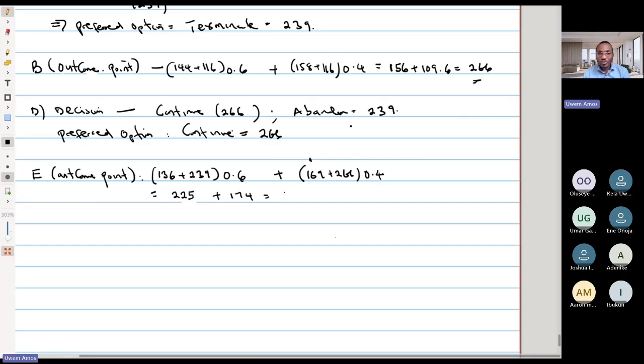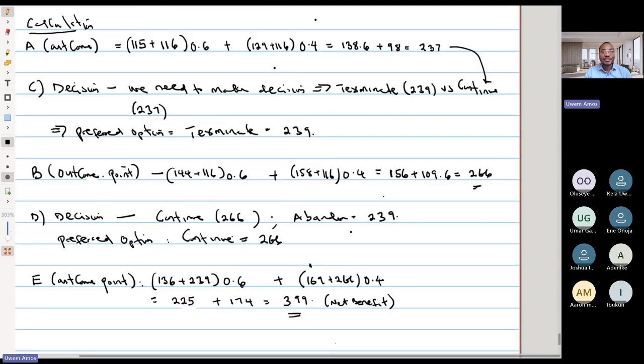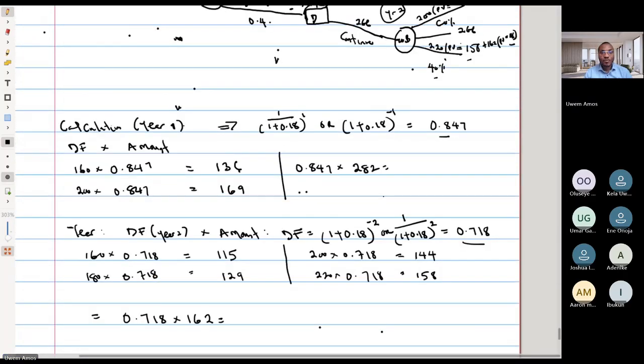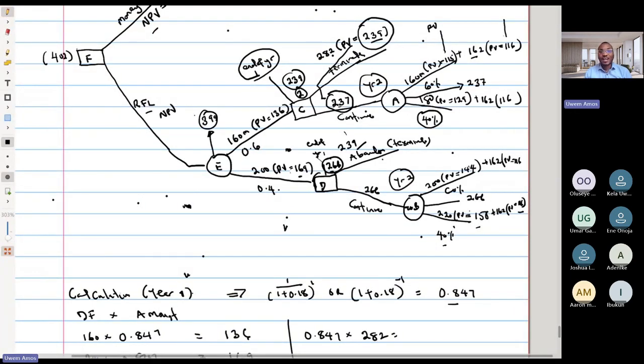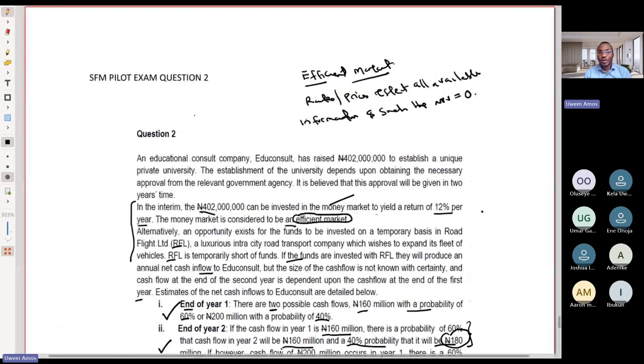So I guess I was pressing the wrong values on my calculator. So it gives us 399 as our net benefit under that line. So our E right here is 399. So let's move back now to our final point, which is our decision point.